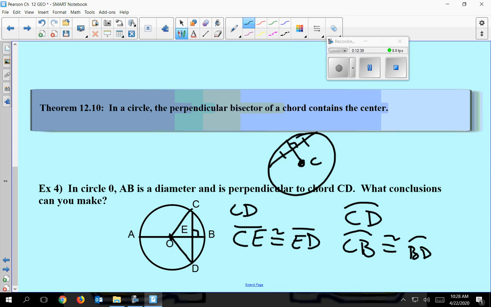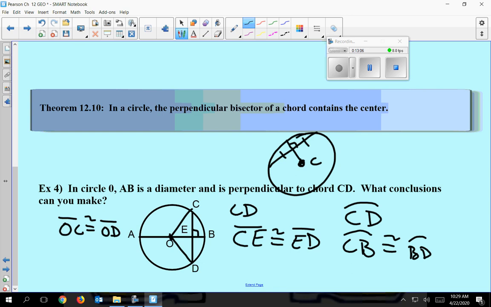So line segment OC is going to be congruent to line segment OD. Okay, so that really isn't mentioned, but I think that comes back up again. That's something that we're kind of hoping you can figure out on your own, but I think that shows up again, so you might want to make sure you notate that. Okay.